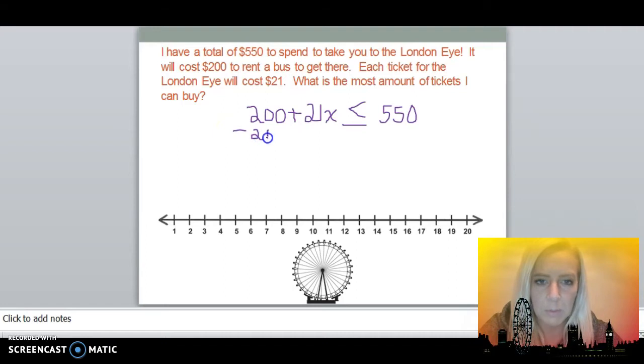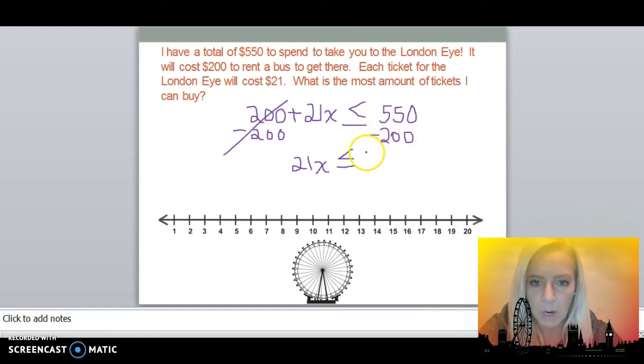So I'm going to subtract $200 from each side of my inequality symbol, because right off the bat, I have to spend that $200 on the bus. So I'm left with $21 per ticket, which is less than or equal to 550 minus 200, which leaves me $350.